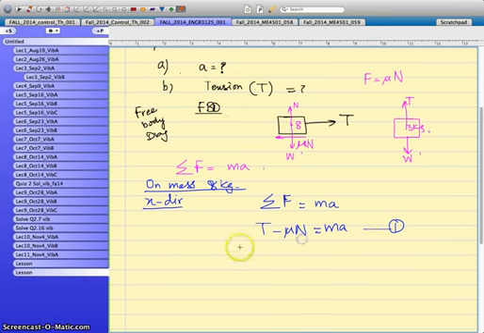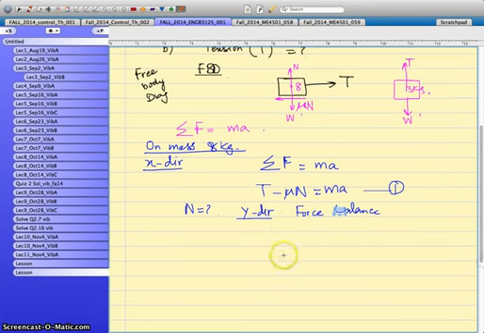Now what is N? N can be found from the balance of forces in the y direction. One is upward, one is downward. That means N is equal to mg, or 8g.